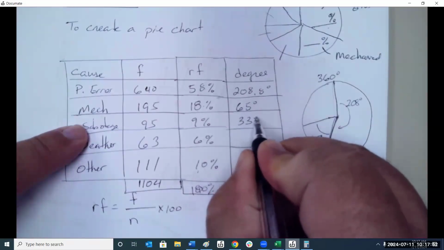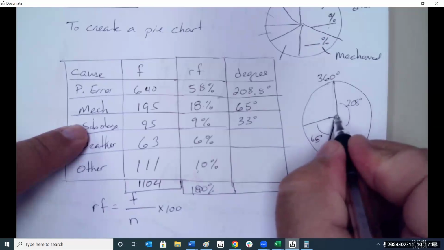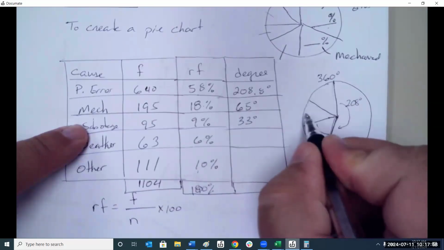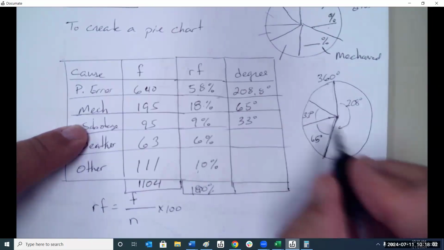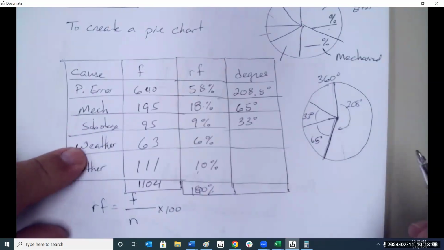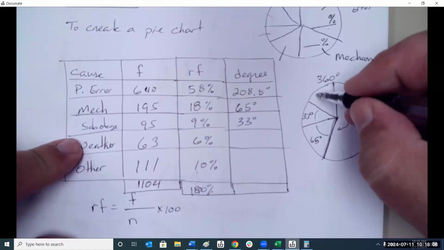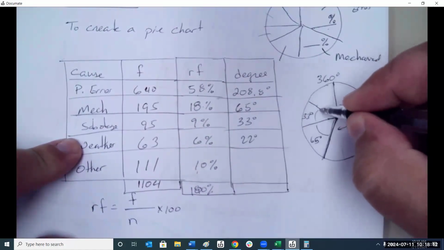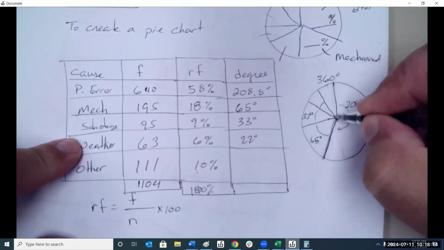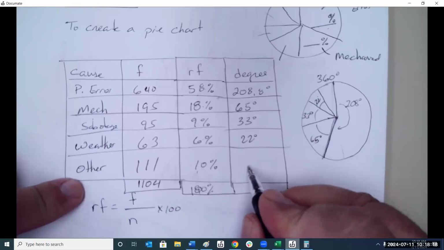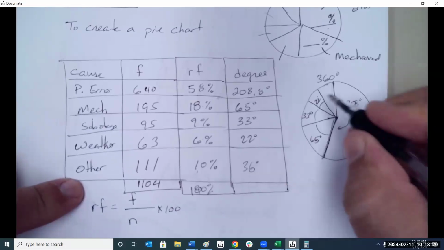So that's 33 degrees. 6% would be 22 degrees from here. And then 10% would be 36 degrees.